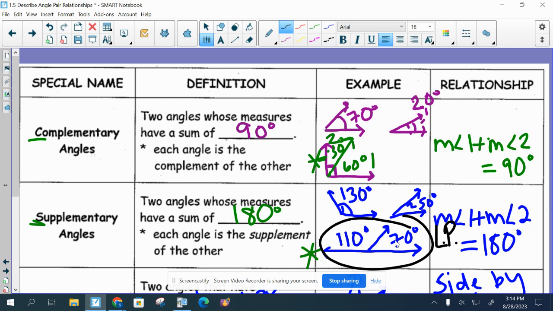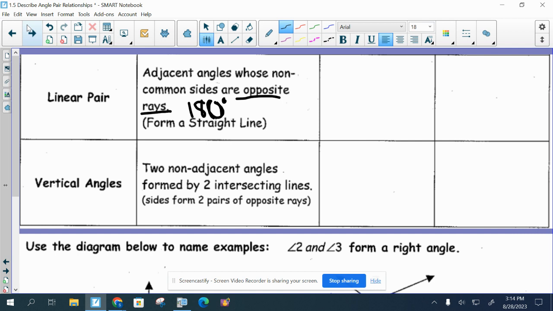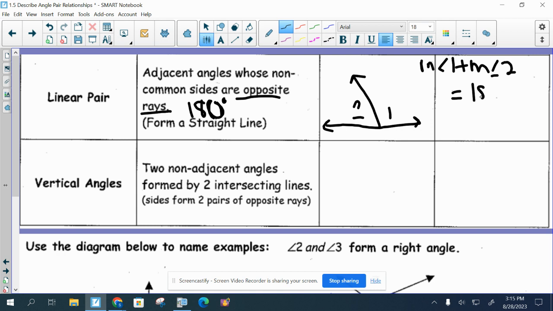Next is a supplementary adjacent angle. For a diagram, you can have a line and a ray going out that way, angles 1 and 2. Here the measure of angle 1 plus the measure of angle 2 equals 180.